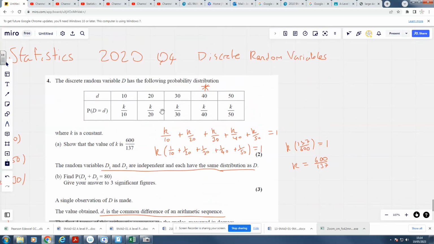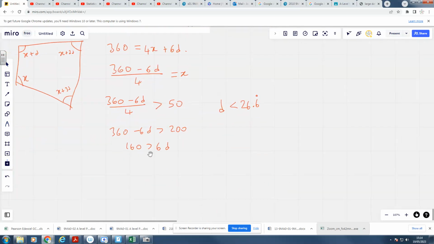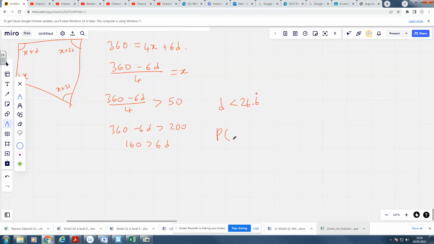Now, less than 26.6, that's just these two added together, so the probability that D is less than 26.6 recurring is 600 over 137 times 1/10 plus 600 over 137 times 1/20th, and I'm just going to work that out now on my calculator. 600 over 137 times by, okay, I'm just going to do 0.1 plus 0.05, it seems quicker. Okay, I'm going to get 90 over 137 on my calculator.